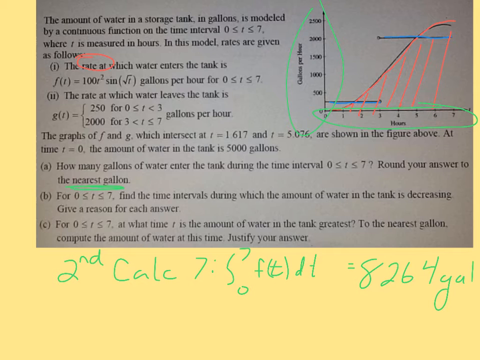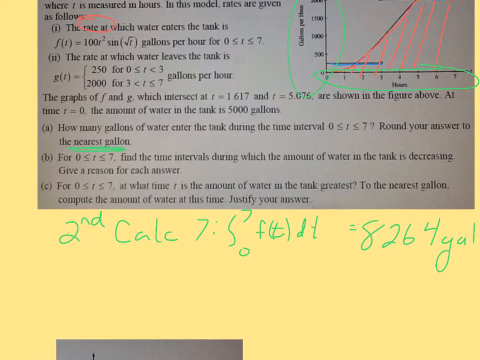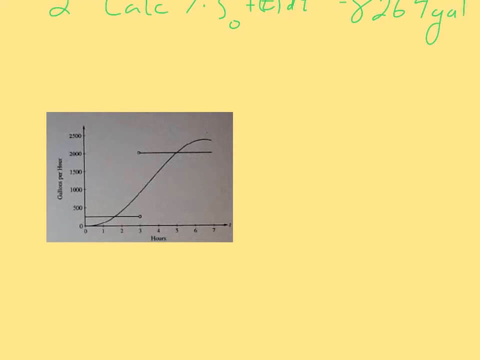Let's look at the same type in question B. Find the time intervals during which the amount of water in the tank is decreasing. So now we have to look at the graph and figure out, when is the water level actually going down? Well, this is more of just a quick read of the graph. So here's my graph again, and I'm looking at when does the water level decrease. Well, we can see a couple of points here.